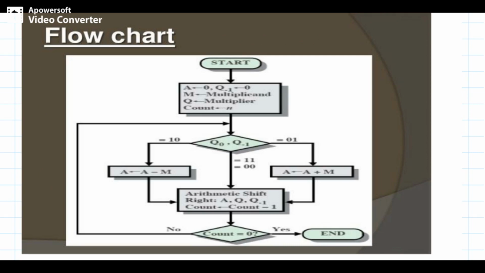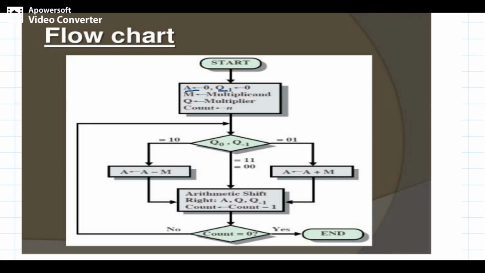The diagram shows the actual flow chart of how exactly Booth algorithm works. Initially, we initialize the value of register A as well as Q minus 1 as 0, and we have the multiplicand M and Q as the multiplier, and the initial count is n.